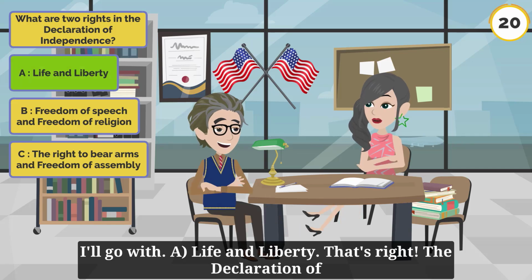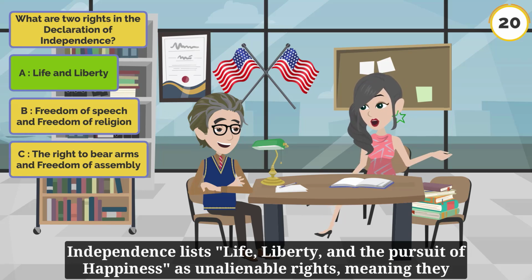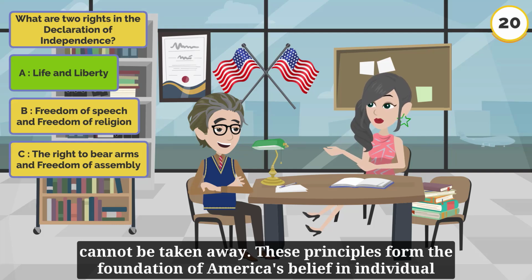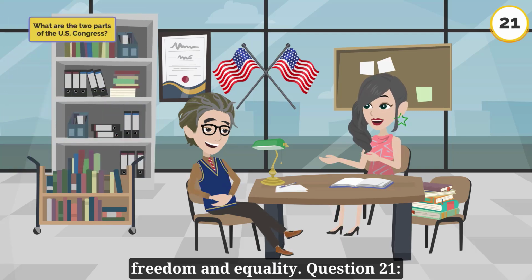That's right. The Declaration of Independence lists life, liberty, and the pursuit of happiness as unalienable rights, meaning they cannot be taken away. These principles form the foundation of America's belief in individual freedom and equality.